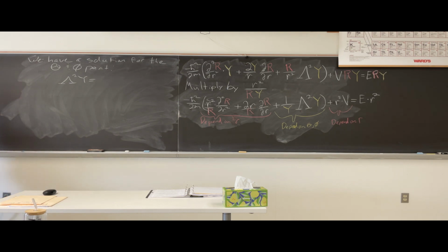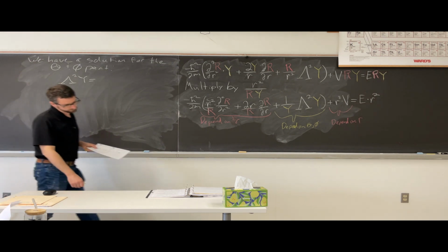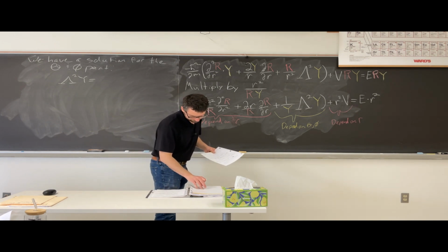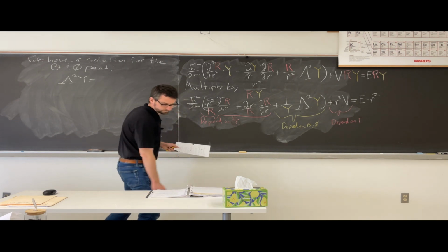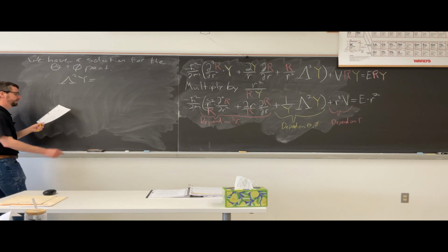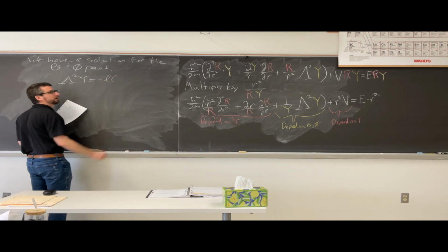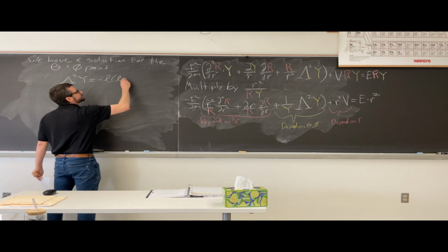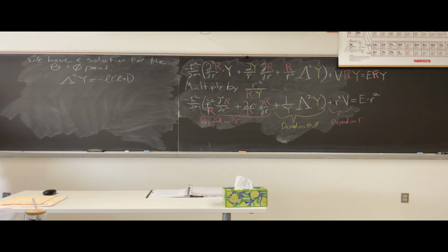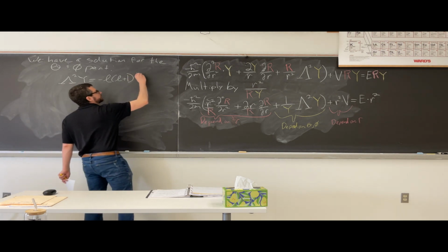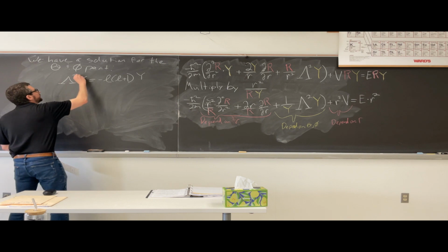What was the solution to that one? Negative L times what? Yep, L plus 1. And then that is if we look at the energy, right? Yeah, it's just Y back out. So put that in yellow.